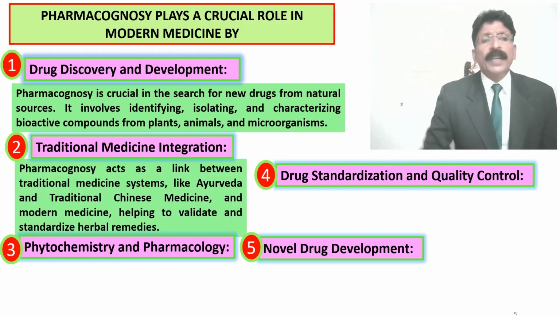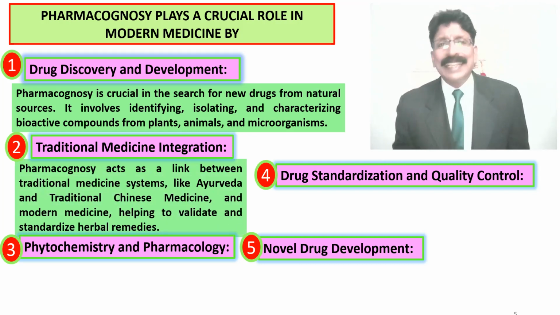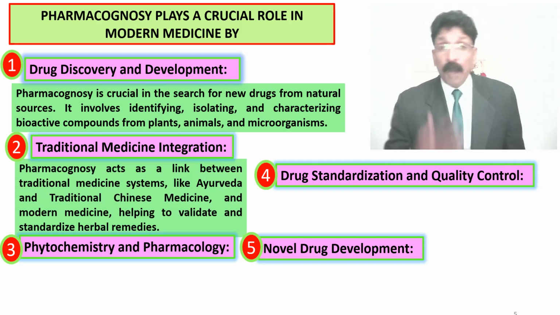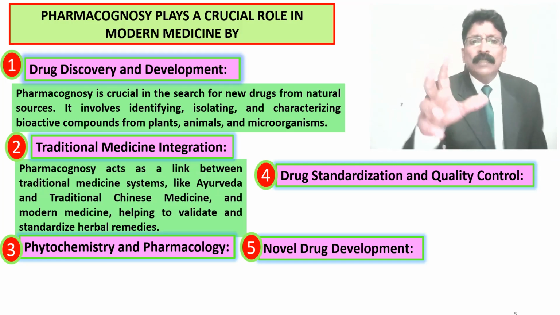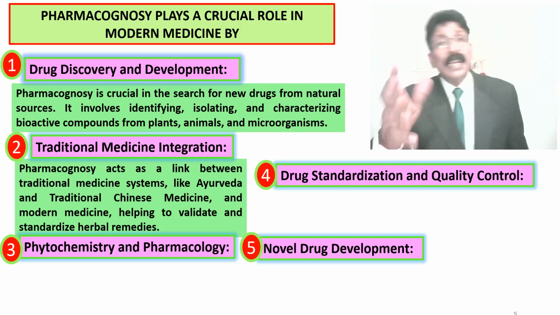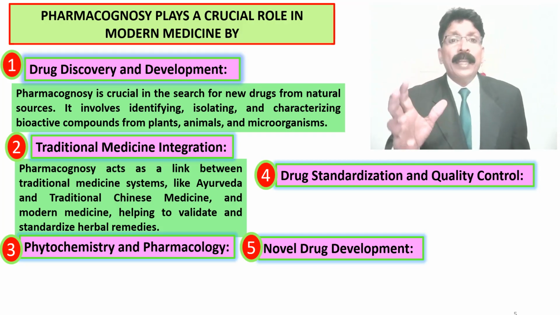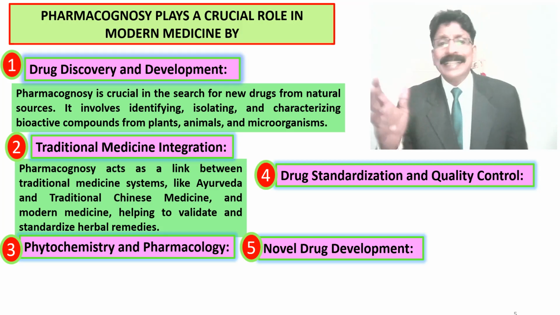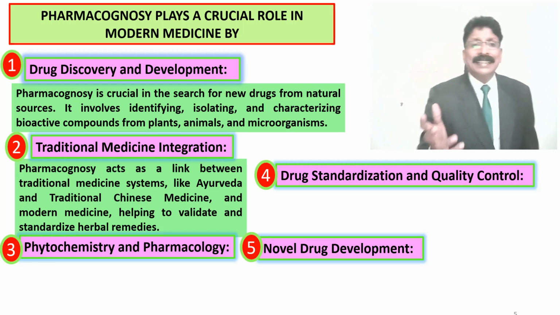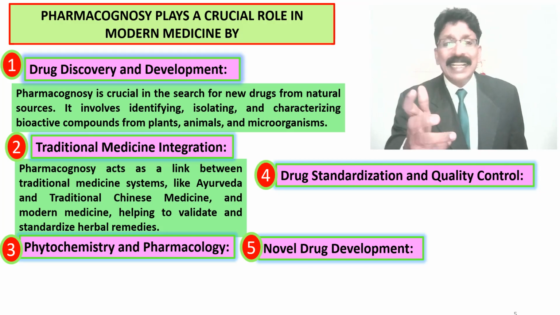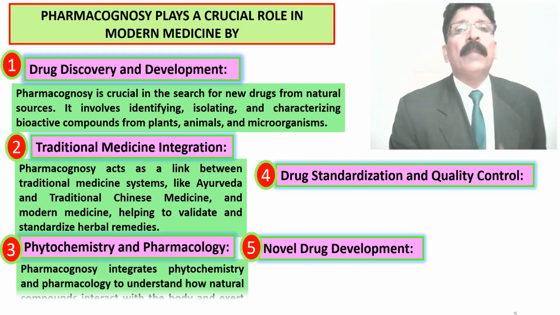When we come to traditional medicine integration, pharmacognosy acts as a link between traditional medicine systems like Ayurveda, Siddha, Unani, and traditional Chinese medicine, and modern medicine, helping to validate and standardize herbal remedies.